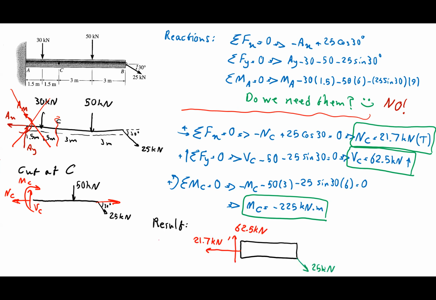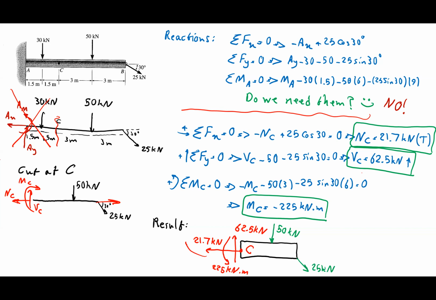Now, as a summary of the results, you're going to put down your cut section and apply your forces, 25 and 50. Now, internal forces at C: you had a positive 21.7. What was the positive sign? Coming out of the section, right? So tension, positive 21.7, it comes out.